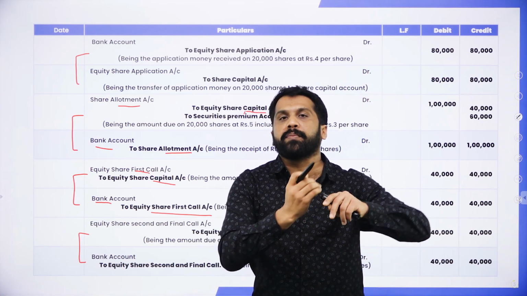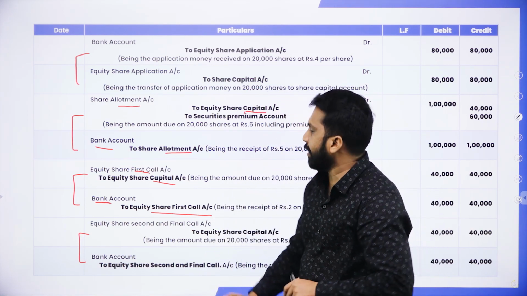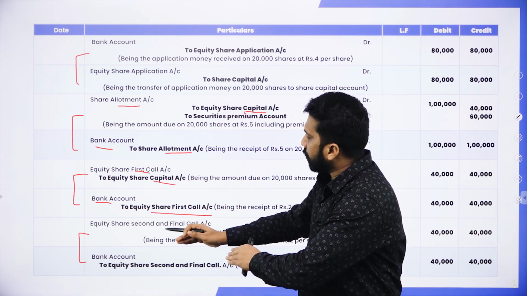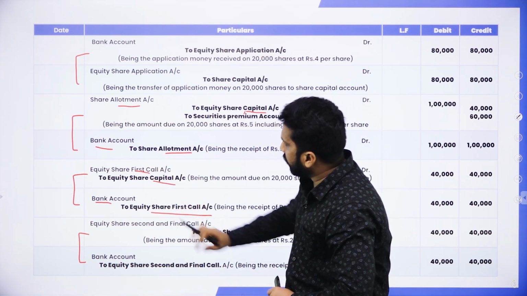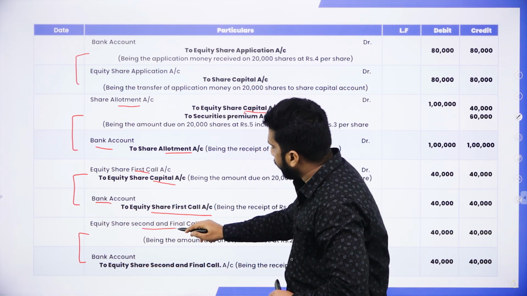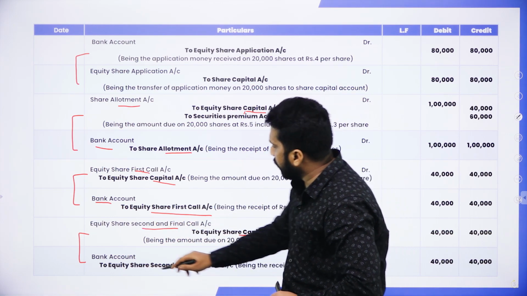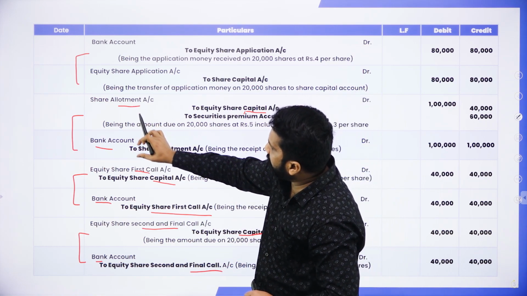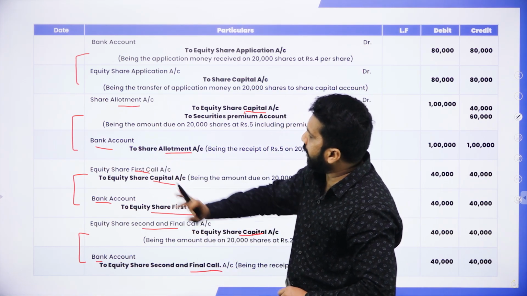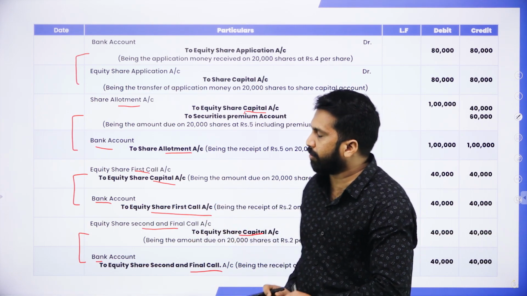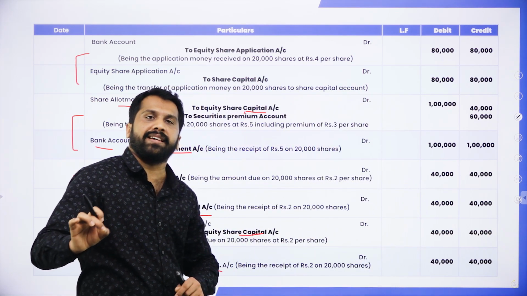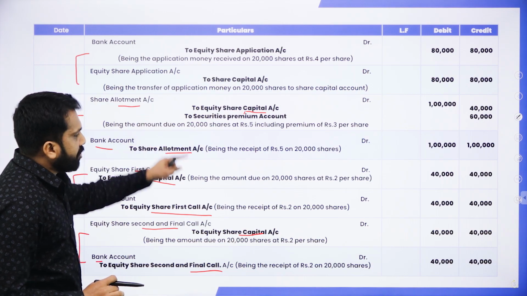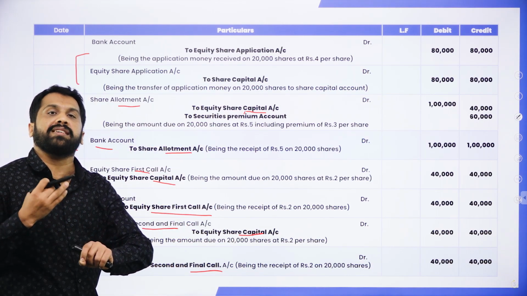Remove allotment, you should write first call. What about the last one? Same journal entry. Second and final call to share capital, bank account to final call. Allotment you have to remove. First call you have to remove. Instead, you have to write second and final call.